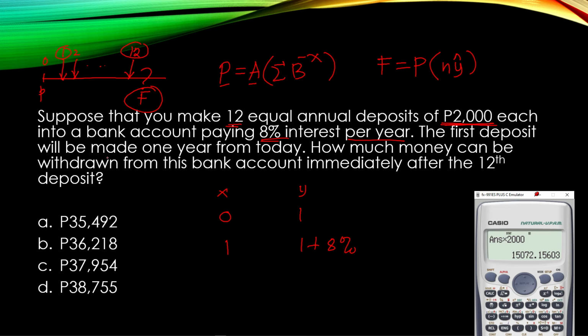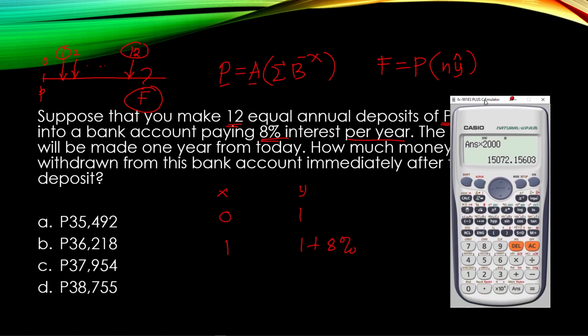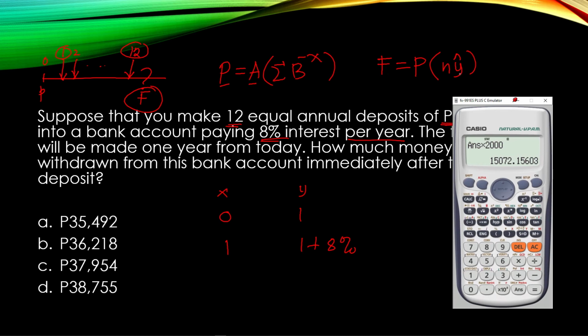How much money can be withdrawn from that bank account immediately after 12 deposits? So, after 12 years. So yung N natin is 12. Then yung Y hat natin, this is just a calculator function. So, we have 15,000 times yung N Y hat natin.